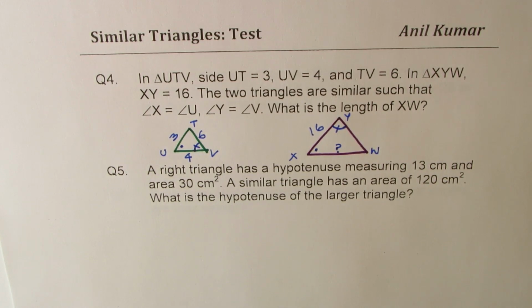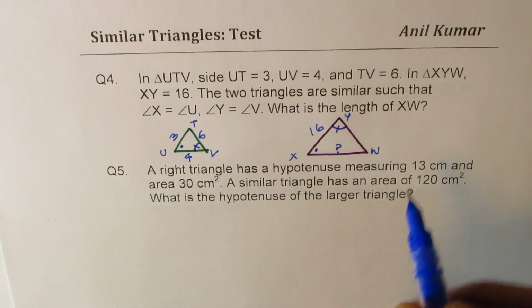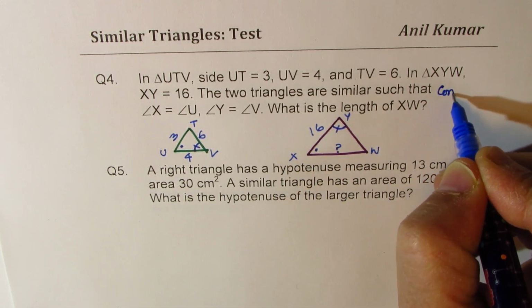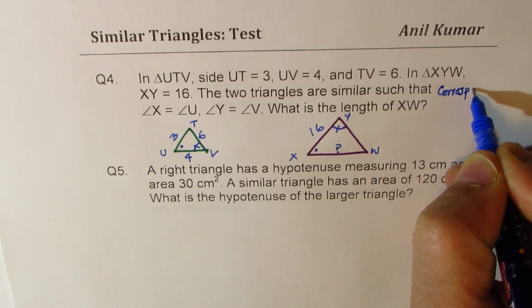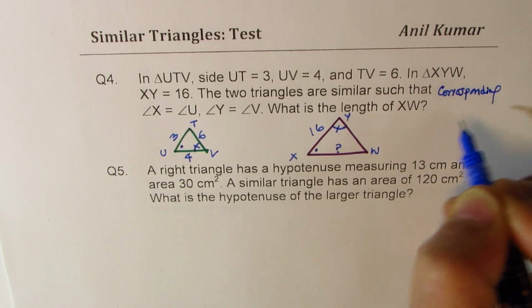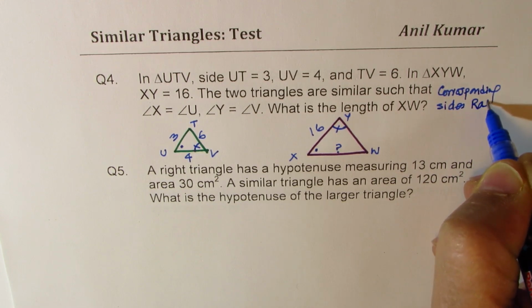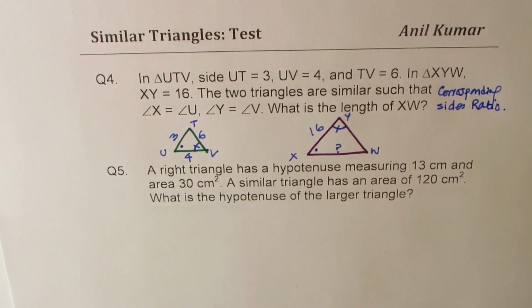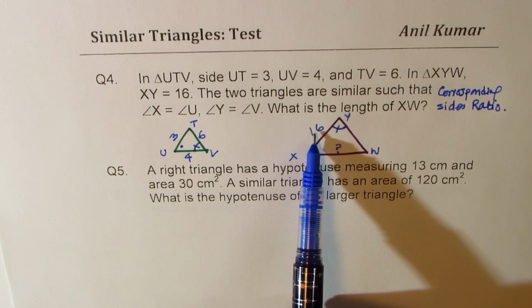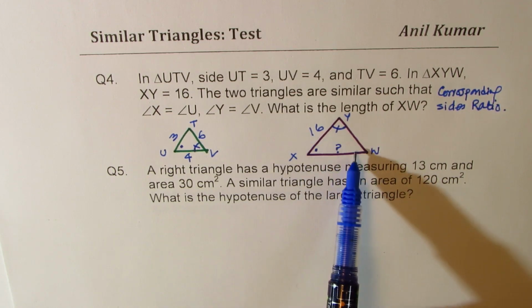Correct? So that is the question for you. You can pause the video and answer this question. So when we say corresponding sides, look into corresponding sides. Ratio. And then solve. Okay? Now, we are given this side as 16, which is opposite to the third angle.